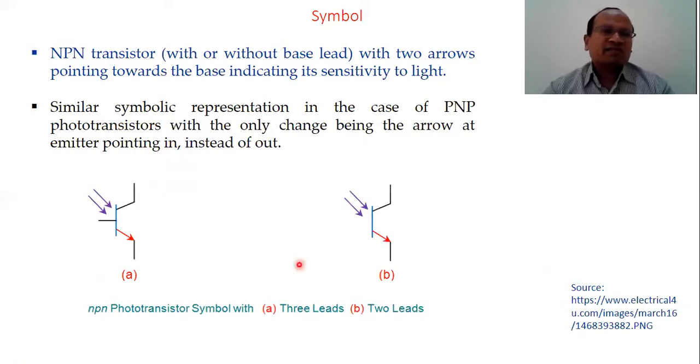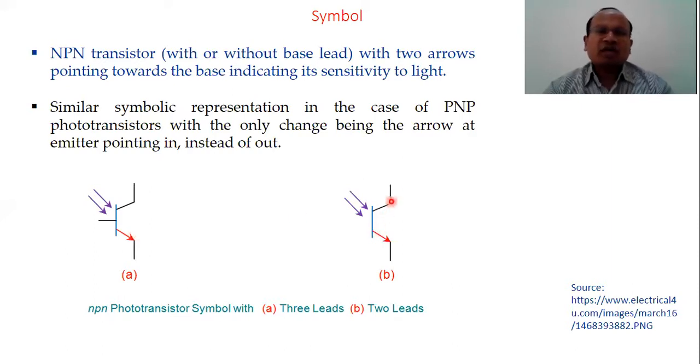So the NPN transistor symbol is this one, where you can have 3 leads. As I told you, generally we have 2 leads, but 3 leads are also there, and the symbol is for NPN. If we change the direction of this red arrow, then the same symbol becomes the symbol for the PNP phototransistor.